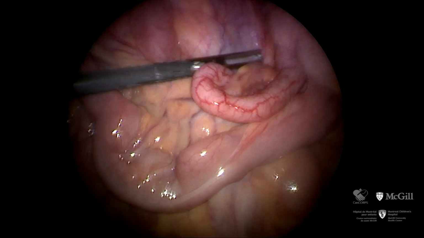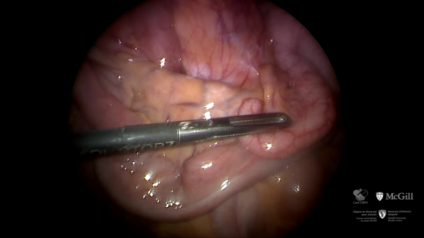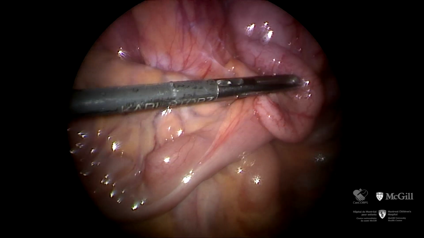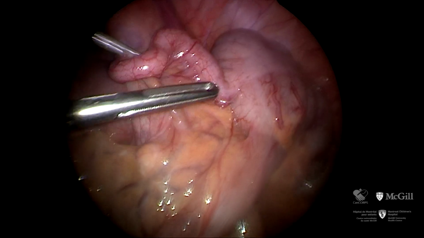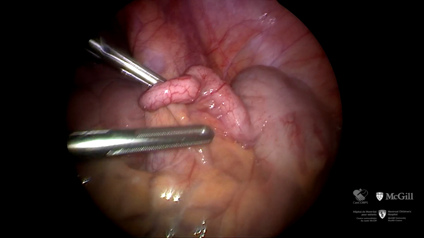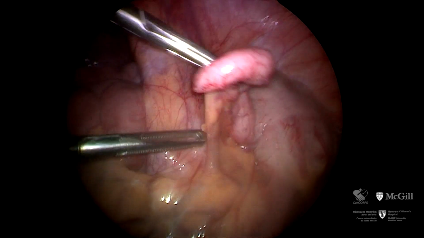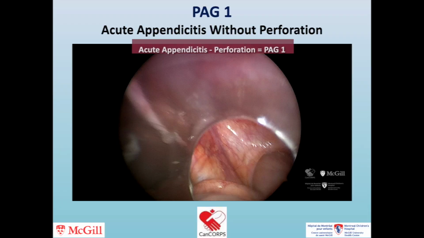Once the appendix is mobilized, both surfaces are examined. The appendix is clearly inflamed but does not contain any holes. This is an inflamed appendix without perforation, abscess, or peritonitis, assigned a PAG 1.